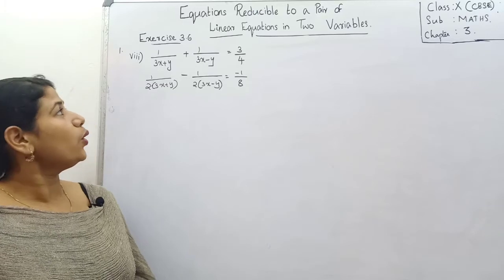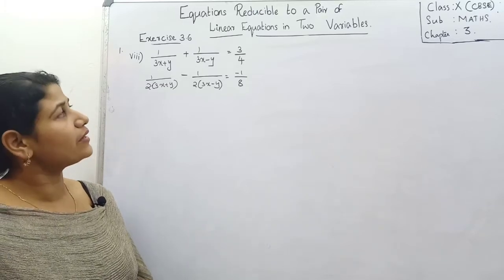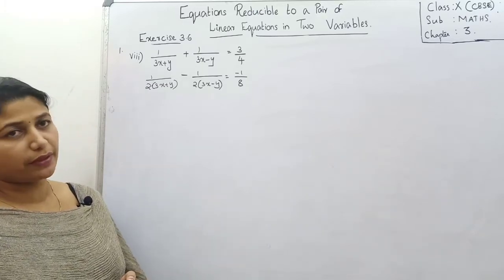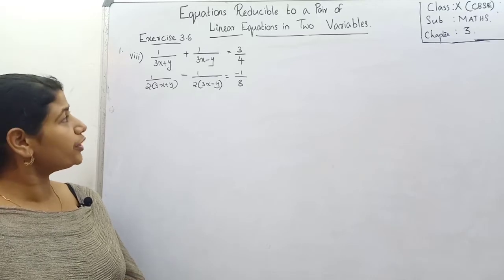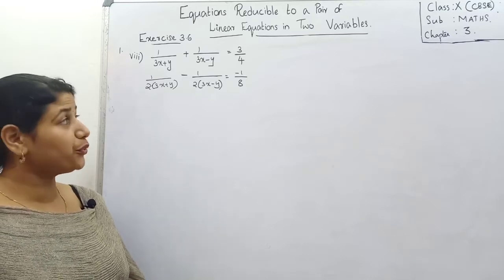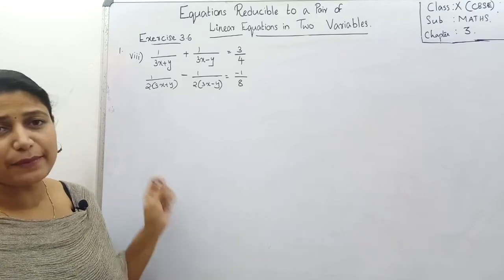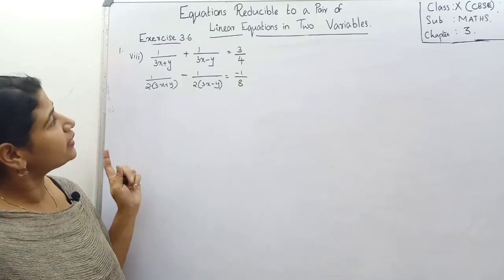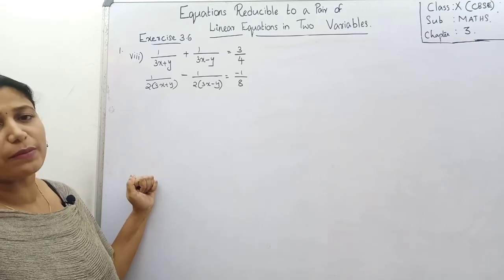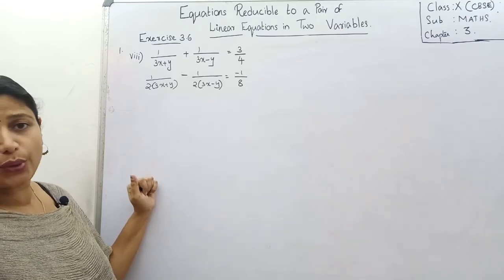8th question: 1 by 3x plus y plus 1 by 3x minus y equal to 3 by 4, and 1 by 2 into 3x plus y minus 1 by 2 into 3x minus y equal to negative 1 by 8. So we can substitute 1 by 3x plus y and 1 by 3x minus y as u and v.